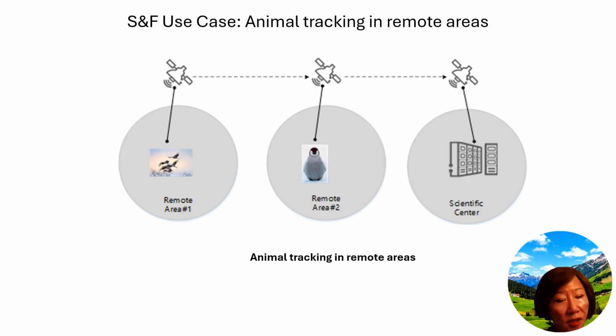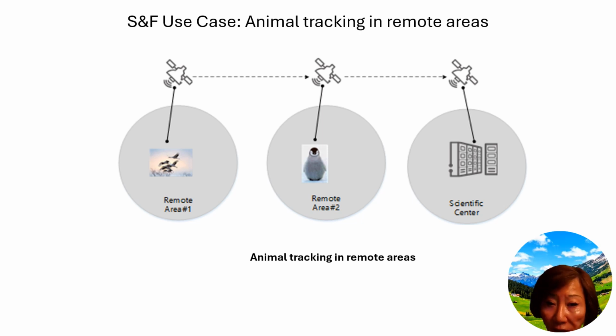These sensors send status information to satellites when they pass overhead. The satellites store this information and forward it to the scientific center when they have an available feeder link to the ground network. This store and forward mechanism allows for data collection and transmission even when there is no continuous connection between the sensors and the ground station.